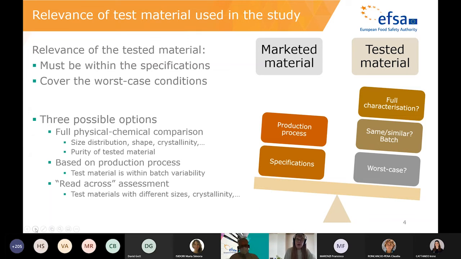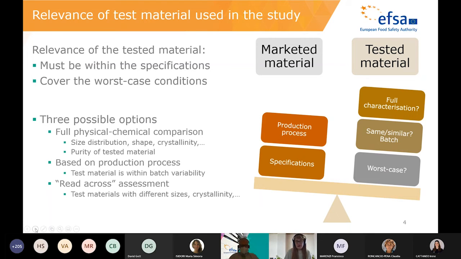And then also, when we are talking about the conventional material, bulk materials, which contain a fraction of small particles or nanoparticles, the tested material has to cover the worst case conditions for containing this fraction of small particles, but also the worst case condition which mimics the consumer exposure.